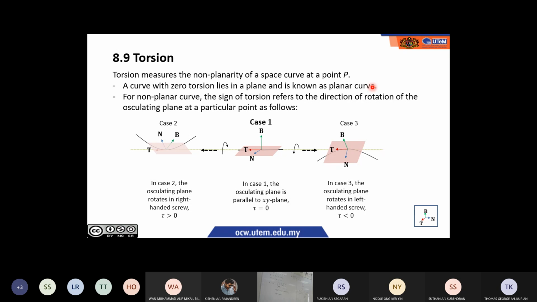But when the circle lies in the plane, the curvature is still the same, right? It depends on how big or small the circle is. It still has the curvature value, but when it lies in the plane, torsion is 0.